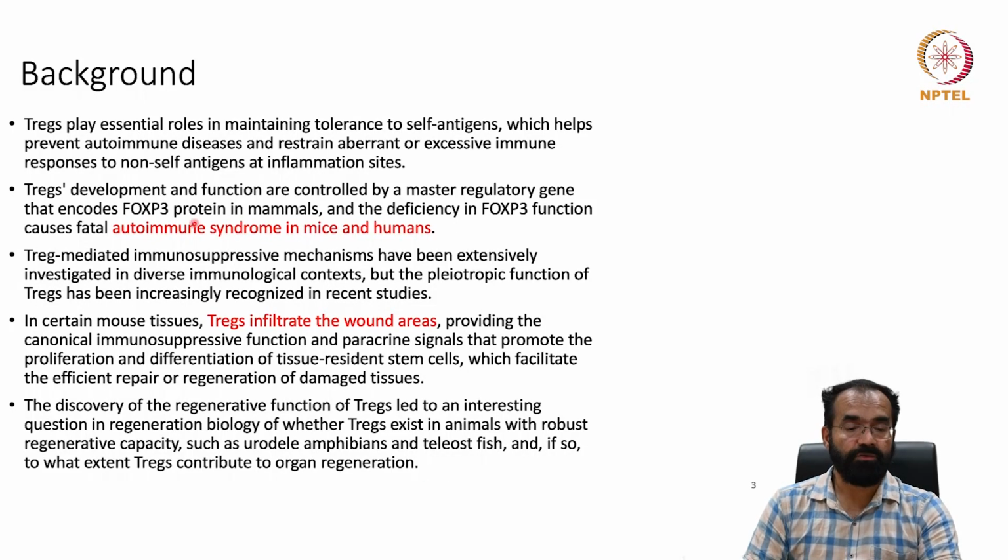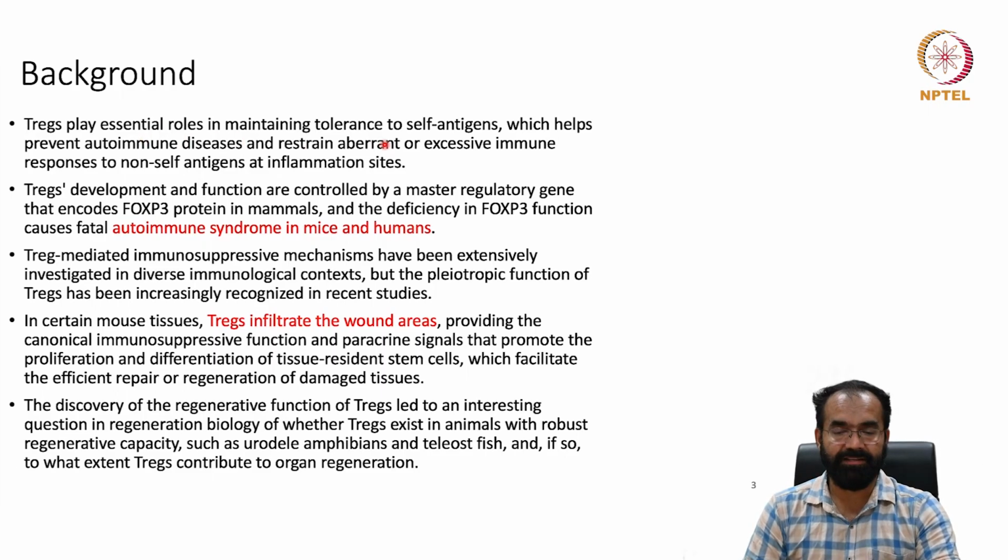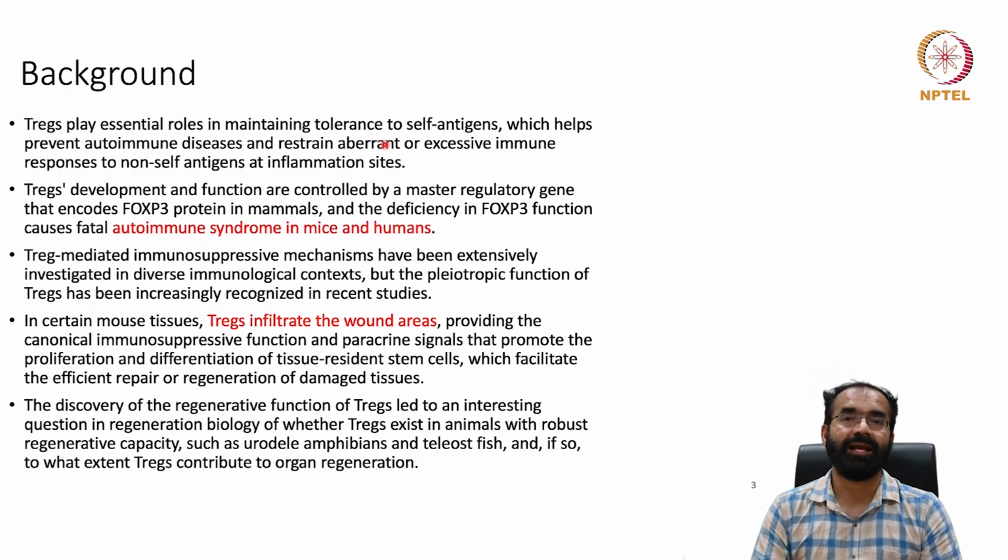So if we look further into the background of the T-Regs, they play essential roles in maintaining tolerance to self-antigens. Like your body does not produce antibody against your own tissues or proteins. If it does, then that is called autoimmune disease.